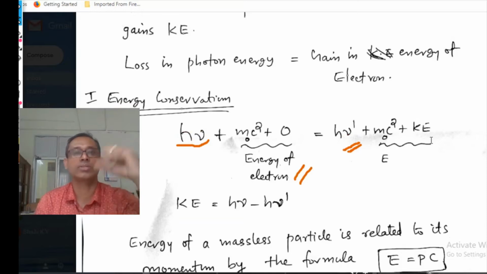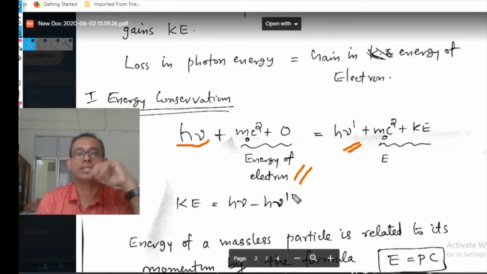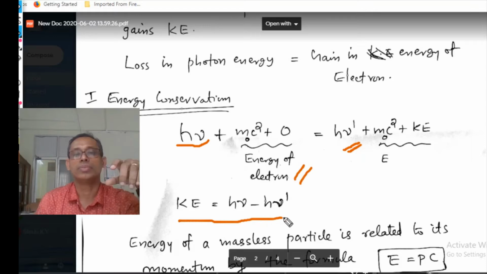Now the electron has got kinetic energy, it is moving, so its total energy is m0 c square plus the kinetic energy. So from this I can write the kinetic energy of the scattered electron as equal to h nu minus h nu prime.